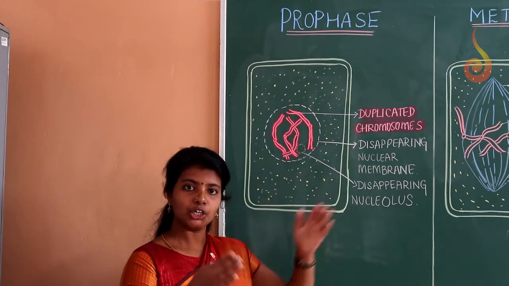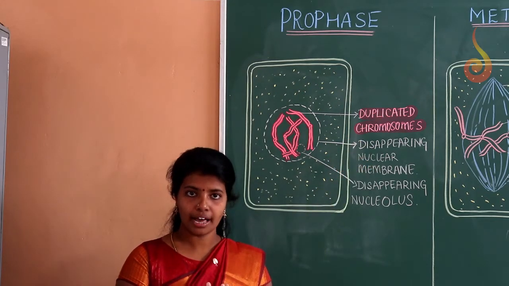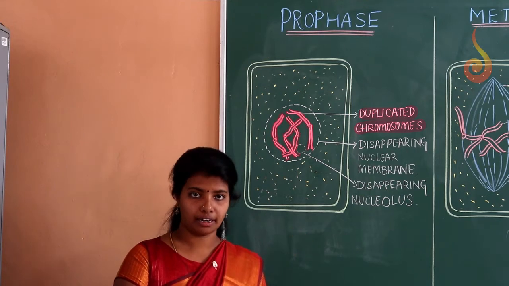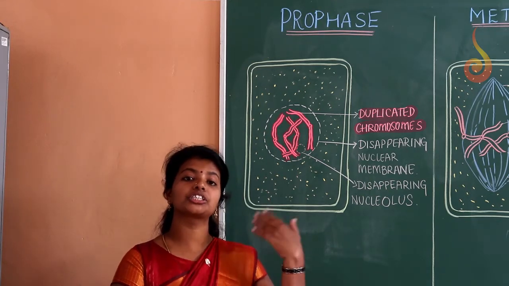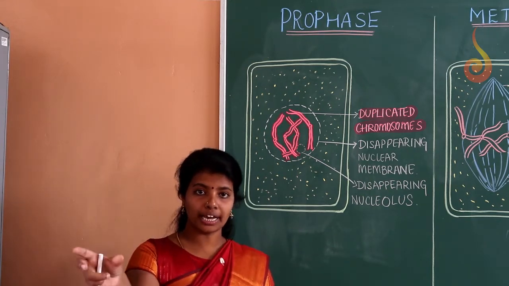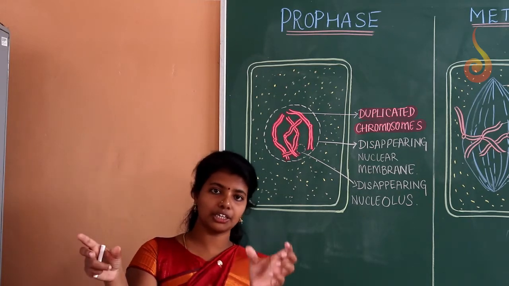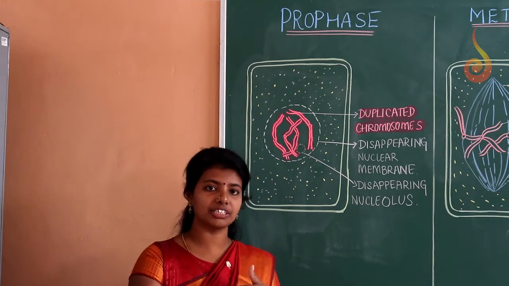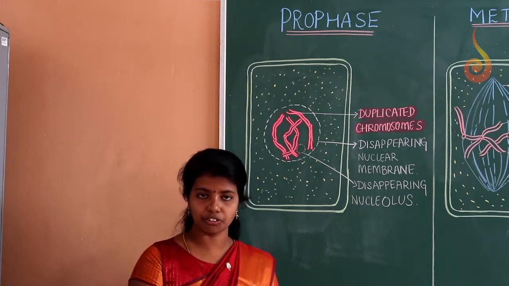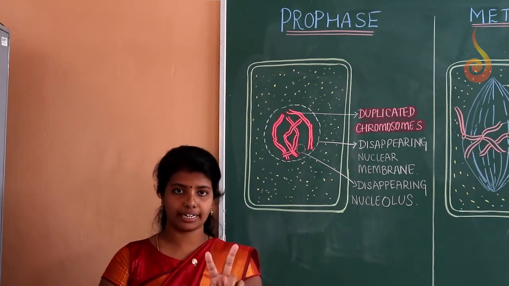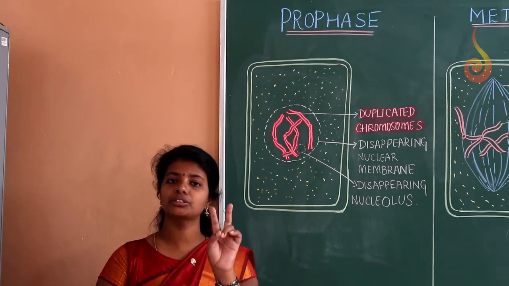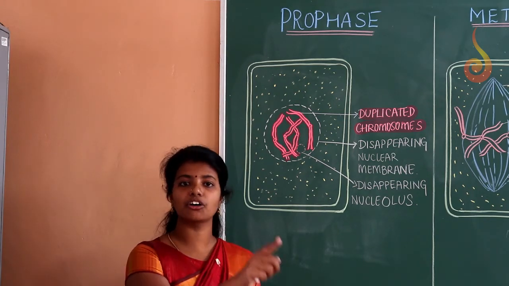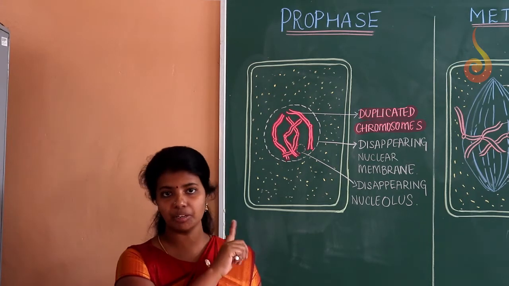Duplicated means 2n, diploid, has become 4n, because it has to distribute 2n to one daughter cell and 2n to the other daughter cell. So finally at the end of this division, as I told you before, there will be two nuclei. Both the nuclei should contain the same set of chromosomes as that of the parent.